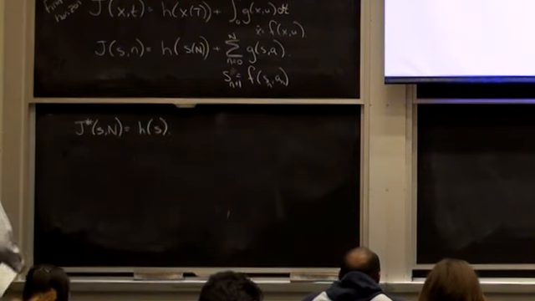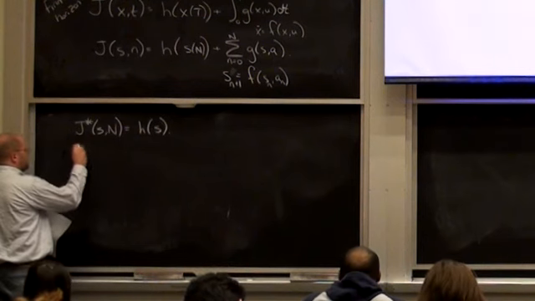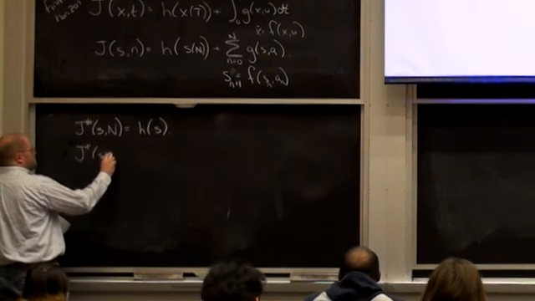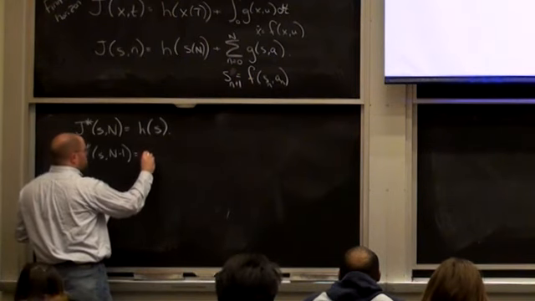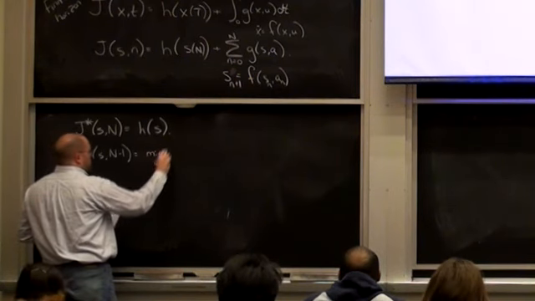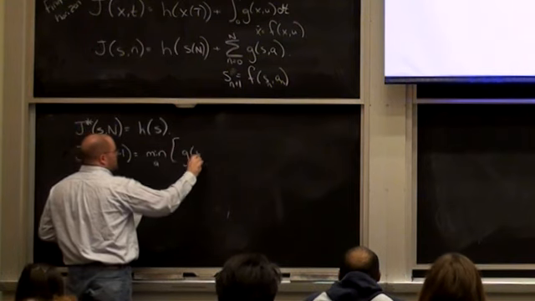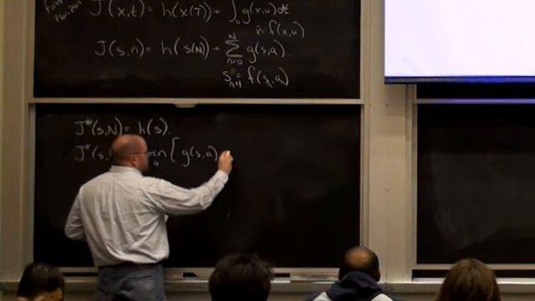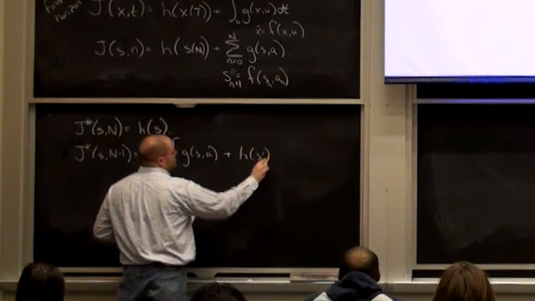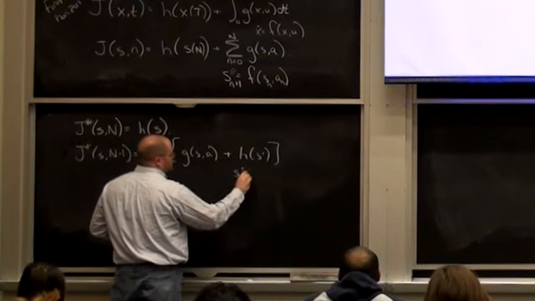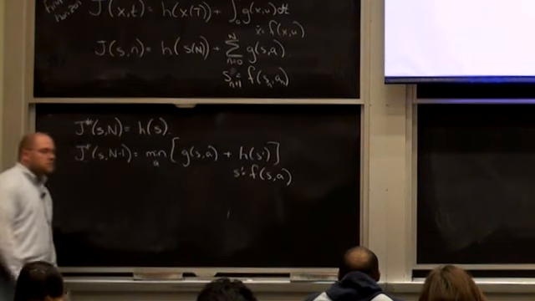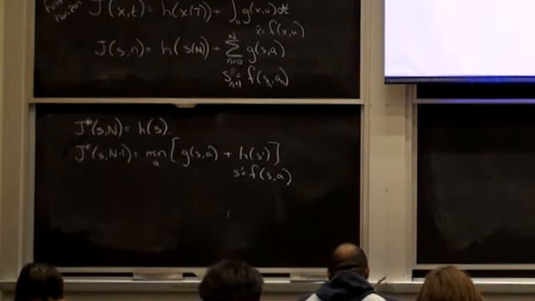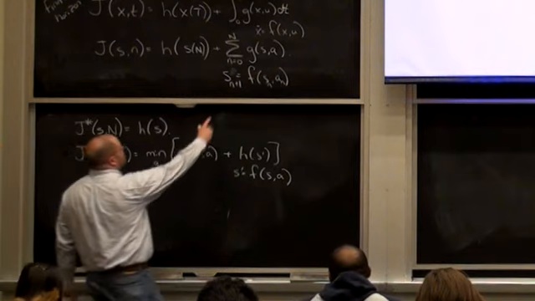And going backwards in time, at time N minus 1 this is just going to be the min over a of g(s,a) plus h of s prime, where s prime is the next state.